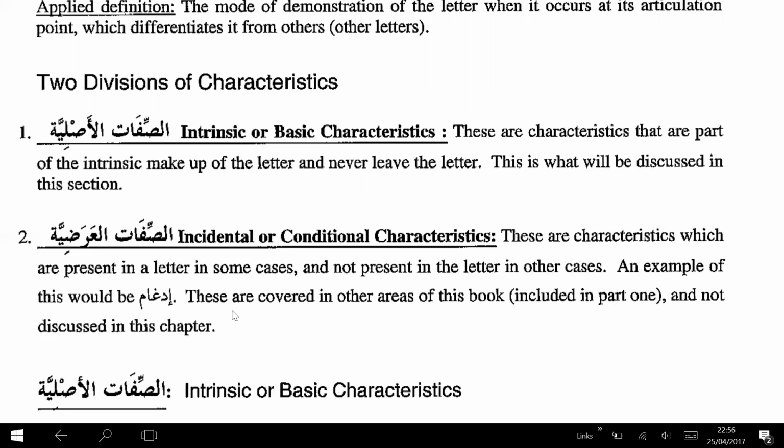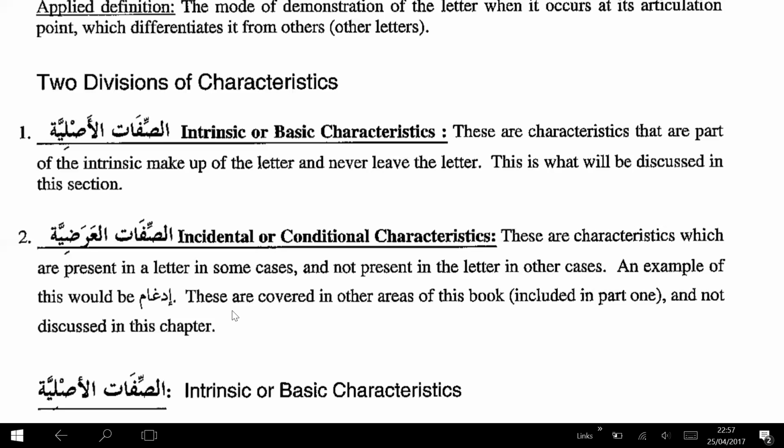Idgham actually does not only refer to the noon sakina rule idgham that we have done in volume 1. There is something else also which we will be doing in this book. It comes a couple of chapters later on. So at that time we will study again what that idgham means here. And in idgham we had done man ya'mal, for example.